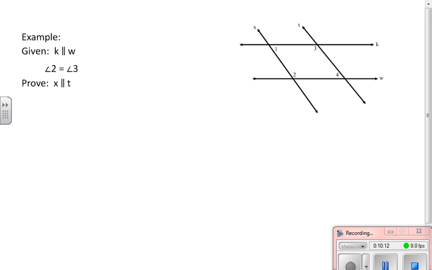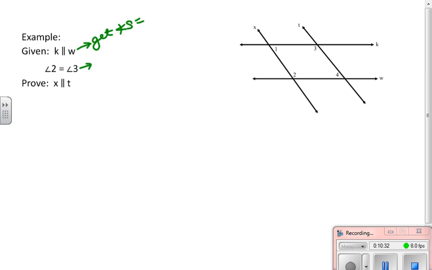So one quick proof example here before the lesson is done. If I'm given that K is parallel to W and angle 2 equals angle 3, prove lines parallel. Well, what do I know? If I know this, I get angles are equal.